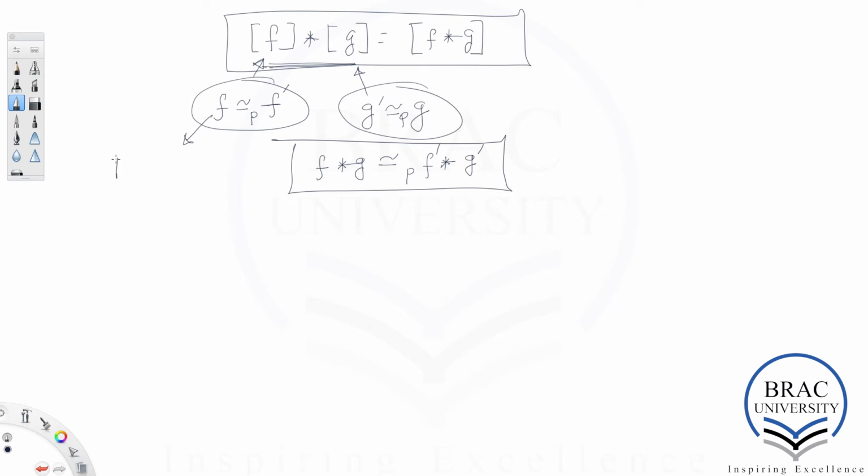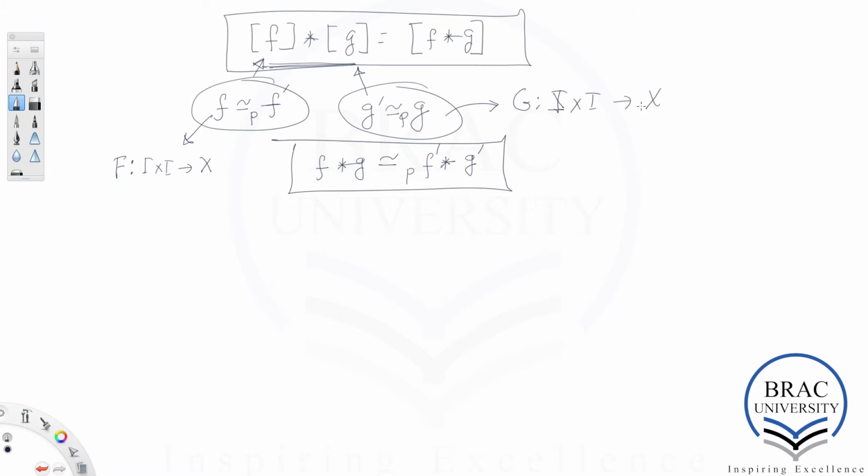We choose that path homotopy to be the continuous function big F from I cross I to X, defined in the usual way, and we choose the path homotopy between g and g prime to be the function big G from I cross I to X.